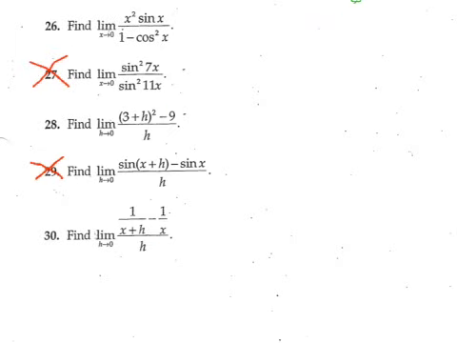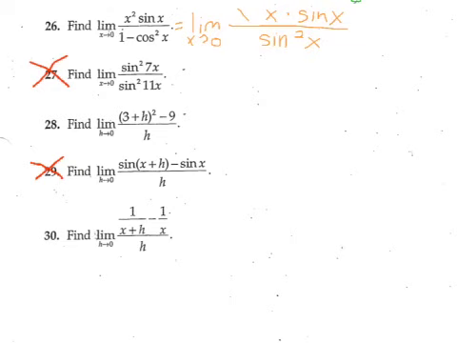For 26, we also want to break up our fractions so we can have some theorems going on. So we have the limit as x approaches 0 of x times sine x over 1 minus cosine squared x. There's no theorem that has that in there, so we're going to change it to a sine squared x.